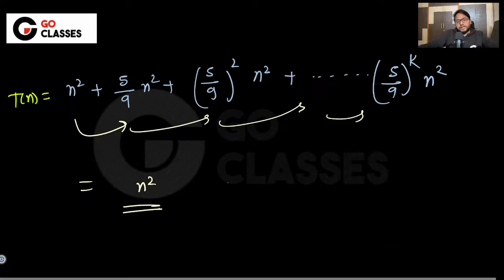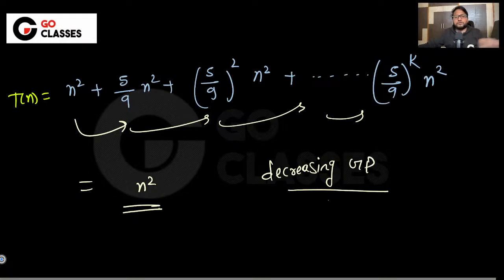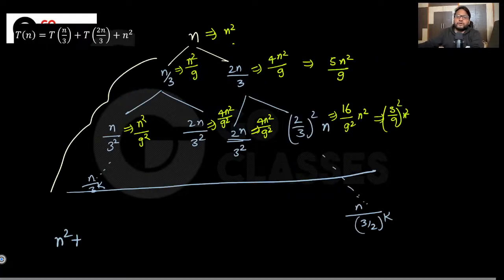Because this is a decreasing GP. Understood, right? Cool. So basically you don't need to even calculate the value of k for the leftmost, for the rightmost, and so on. You don't need to calculate.